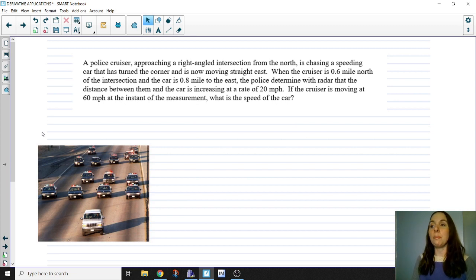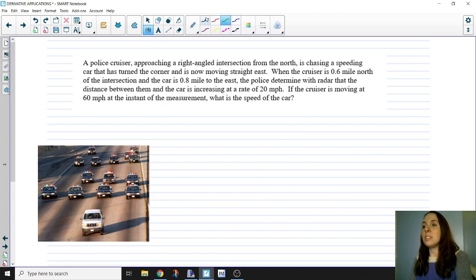And usually what I have my students do is draw a picture of the situation. We have a police cruiser. There's my police cruiser. It's a rectangle. You know, math teachers are not artists, right? It's approaching from the north, a right-angled intersection. So it's going this way.